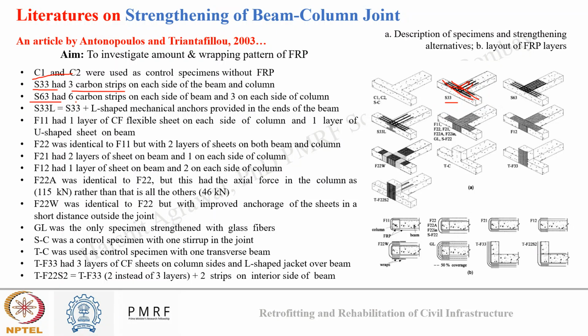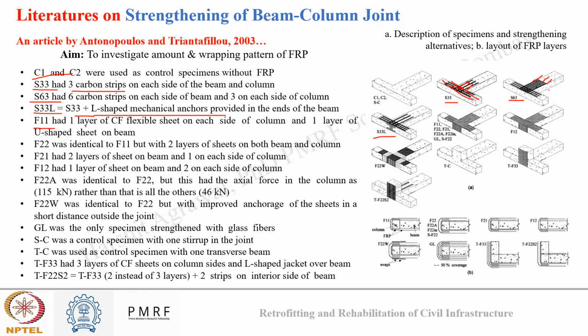S63 had six carbon strips on each side of the beam and three on each side of the column. So you can see in this image, six carbon strips on the beam on both sides and three for the columns. Okay. S33L was the same as S33, but an L-shaped mechanical anchor was also provided at the end of the beam. So this was the S33L geometry.